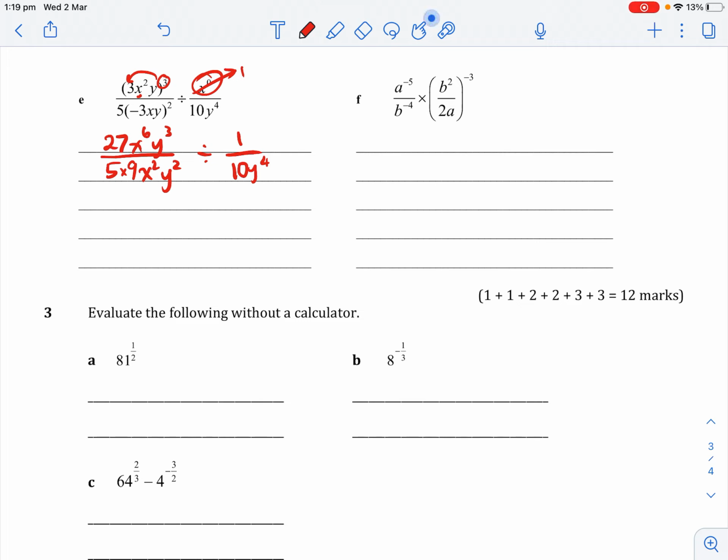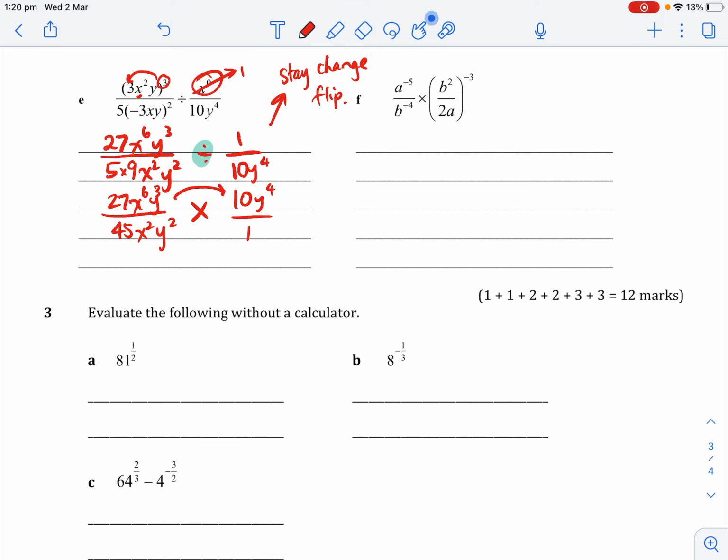Okay, when I divide for fractions, I use the old stay, change, flip method. What does that mean? It means the first fraction stays. And I'm going to do 5 times 9 is 45. The second, the sign changes to multiply, and the second fraction flips.